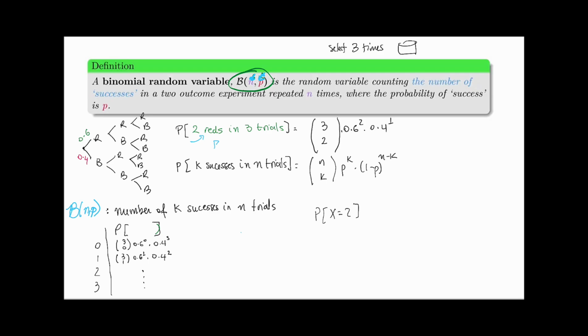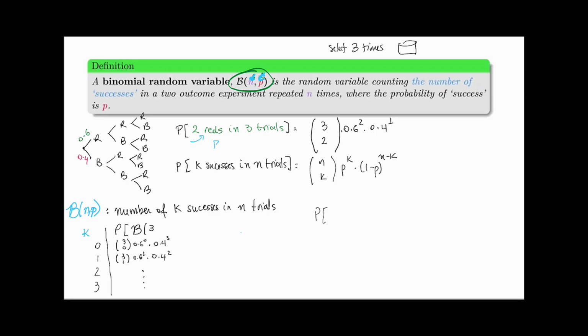So in our case, what we have is a b with n and k, and what we have is the probability of a binomial random variable representing the number of successes in n trials.